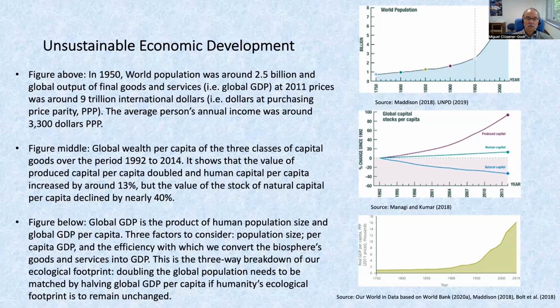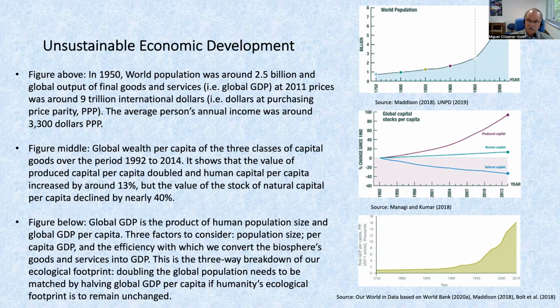So again, on world population, from 2.5 billion, from 9 trillion international dollars, PPP, to 3,300 per person. But you see the curve is going up.